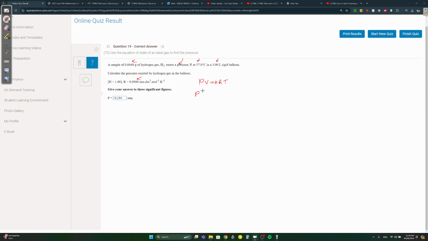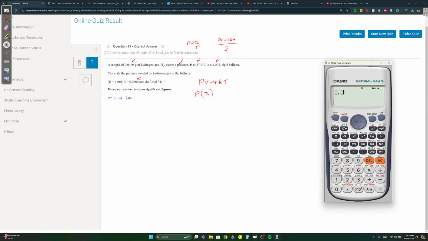The pressure is unknown. The volume 3, moles. It's hydrogen, so n equals m over Mr. The mass 0.044. The molar mass of H2 is 2. It's going to be 0.022 times 0.08, which is R, times the temperature 57 plus 273, 330.